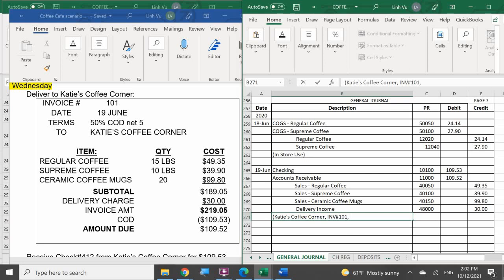What are the terms that I gave Katie? 50% COD net 5. And in this case, we received a check, right? What's the check number? 412.